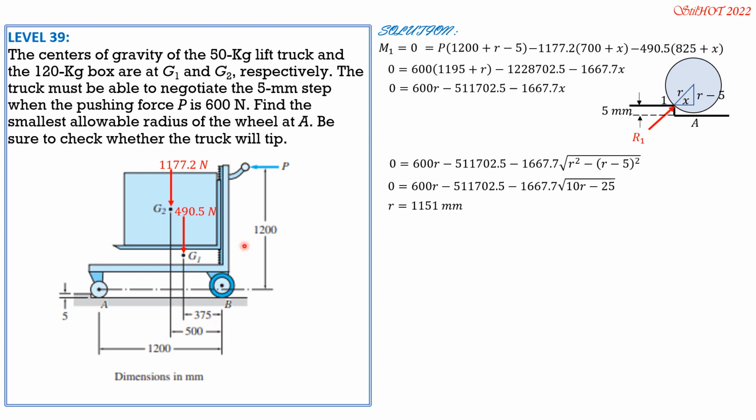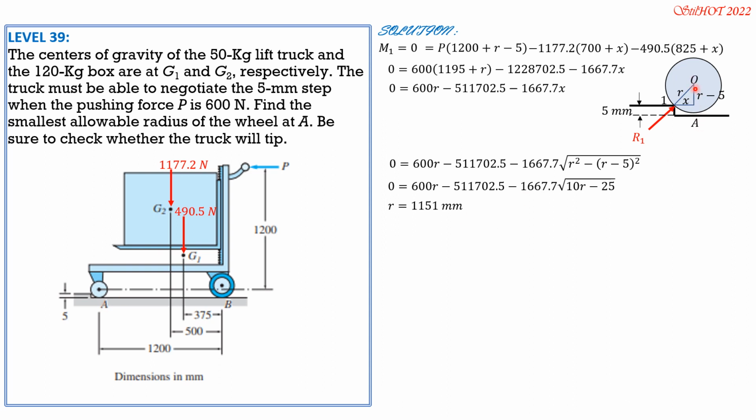But the analysis is when this wheel A here starts to negotiate this 5 mm step, then as I said earlier, for it to negotiate, there should be no reaction at A, only at B, because this is heavy compared to the applied force. So because it will not tip also. Therefore, let's solve for NB by summing up moment about the center.